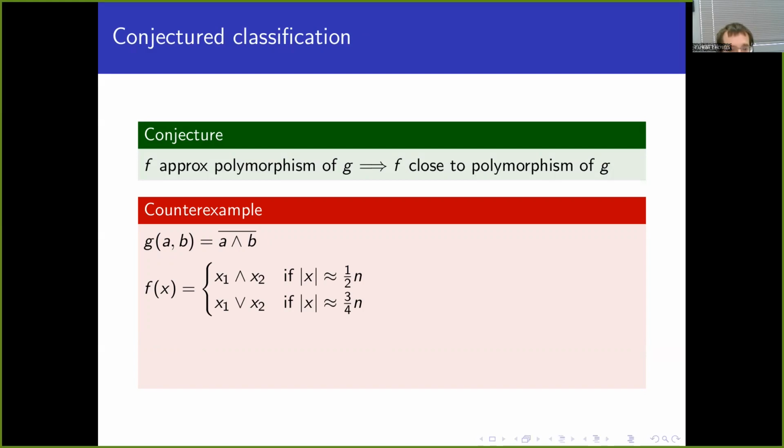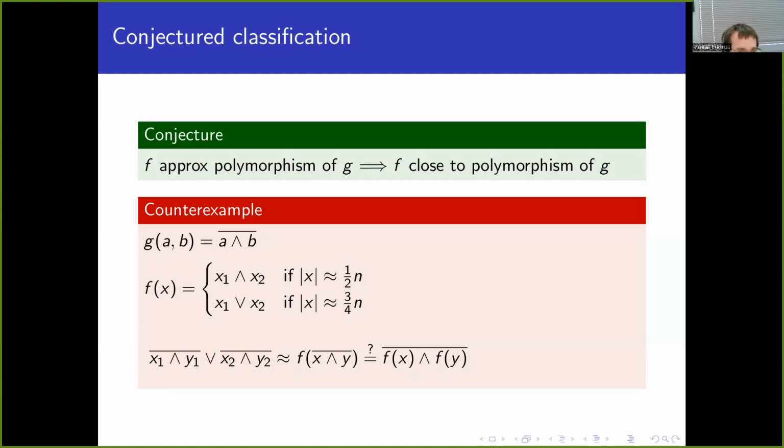Now let's see why this makes sense. So we want to check whether this equation holds with high probability. Let's see what happens to the left-hand side. If we choose x and y at random and compute their NAND, then the Hamming weight is going to be very close to 3/4 n. So in that case, f is going to behave like the OR of the first two coordinates.